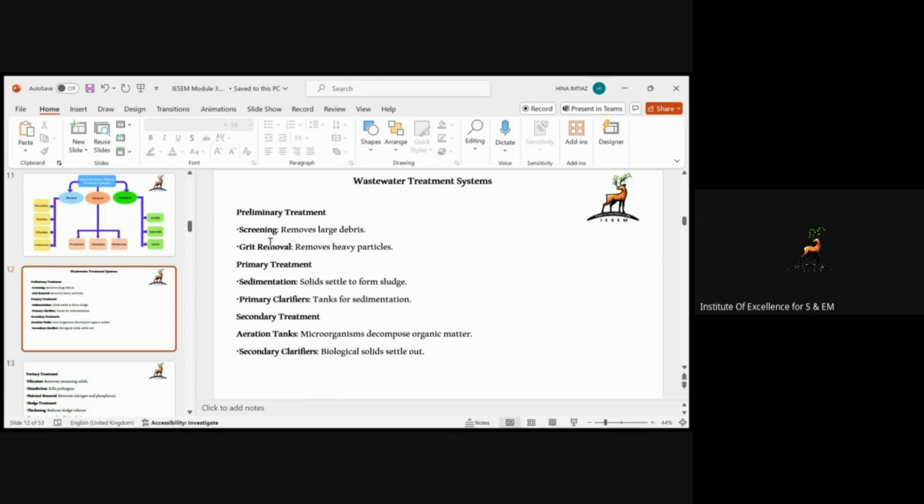Once the materials are removed, they are either buried or burned. You can bury them in a landfill. A landfill is a body under the ground which has been constructed very systematically with the help of a sheet so that the waste does not enter the environment again.